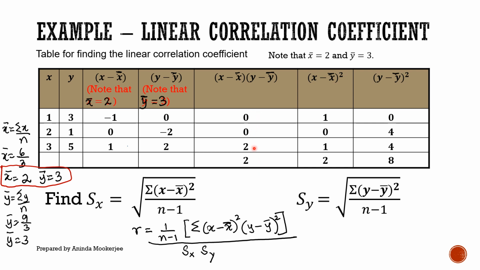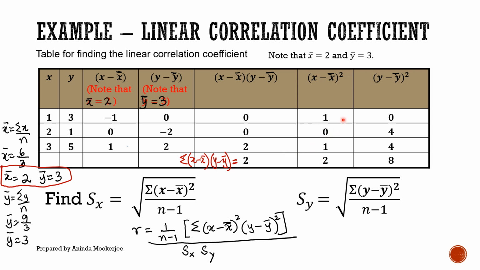And then we sum up the values in this column, and 0 plus 0 plus 2 is 2. So what this represents is sigma of x minus x bar times y minus y bar, which we have in the formula to calculate r. All right, so that is what this 2 is, the sum of the fifth column here.